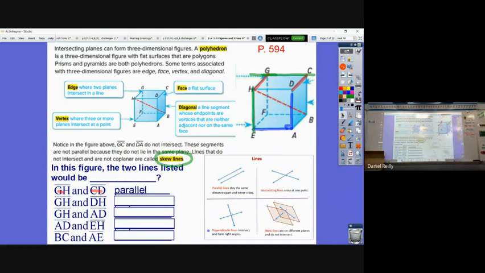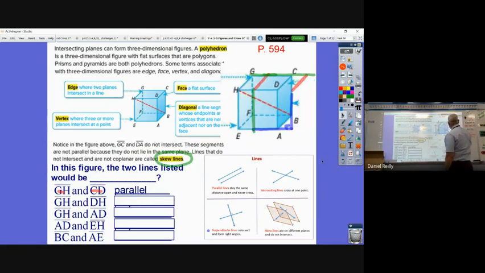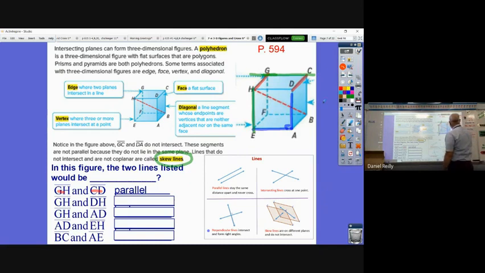GH and DH. GH and DH. That's this one. Oops. This one and this one and this one. GH and DH. What is the relationship of those two lines? They are, Holly?